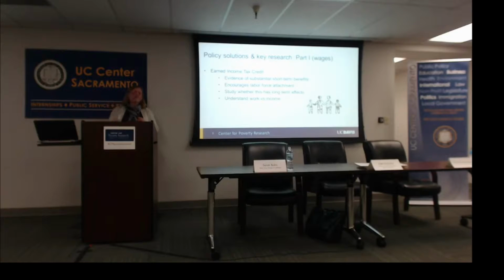If we think that it's having positive effects on families and kids and outcomes, and know it encourages labor force attachment, it's a great chance to try to understand the difference between a poor family with fairly stable labor force attachment, perhaps encouraged by the EITC, versus a poor family that maybe is more dependent on cash transfer payments.